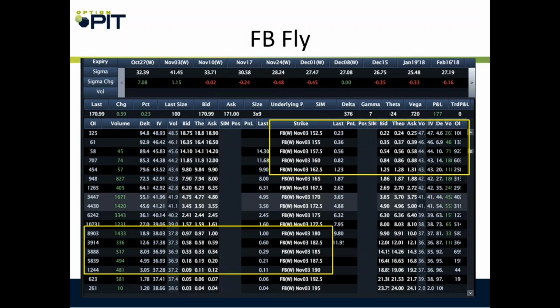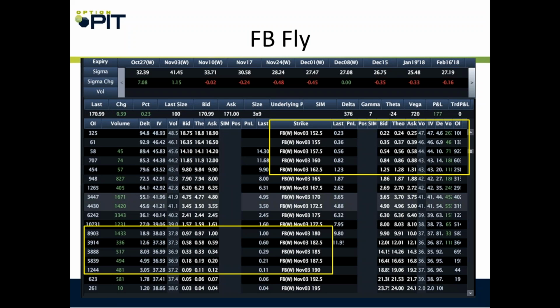This was last week, when Facebook was 170. They were looking for about an $8 move. Well, what if I did these 77.5, 85, 92.5? How did that pay off?